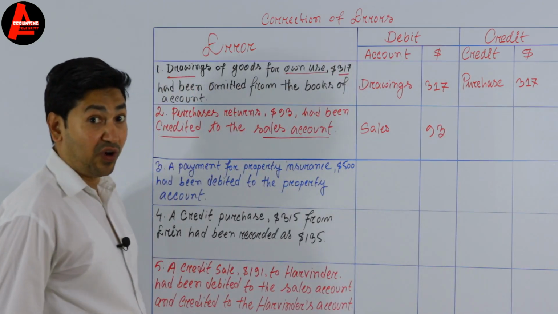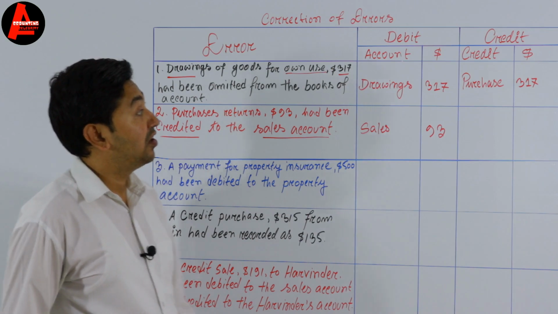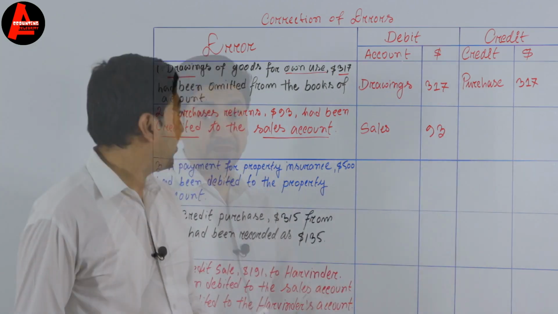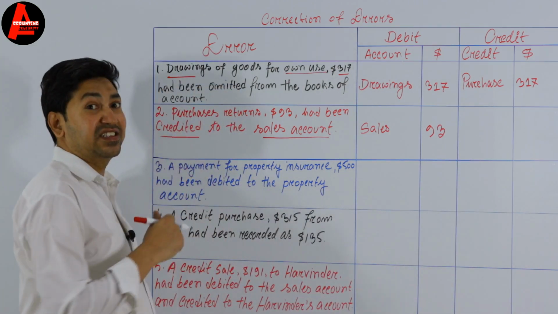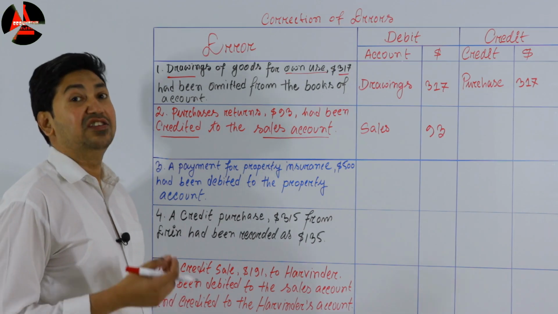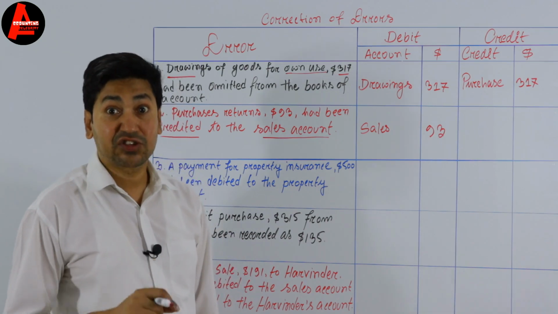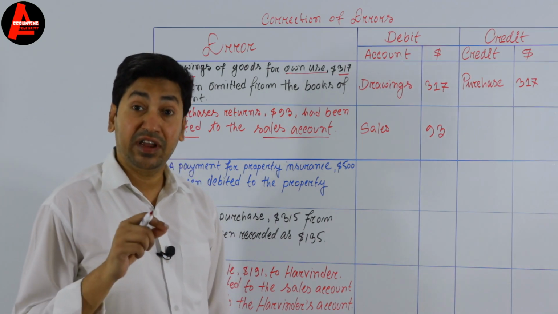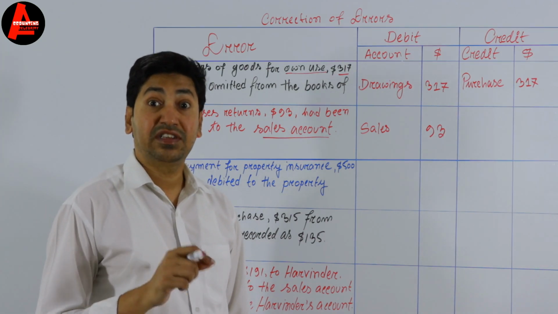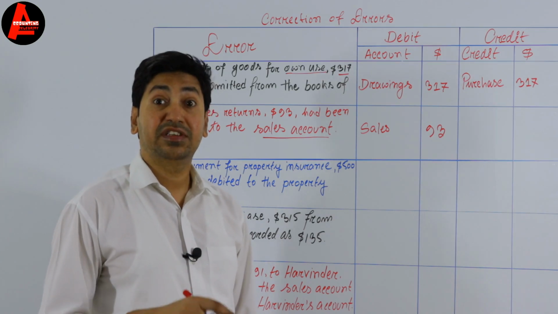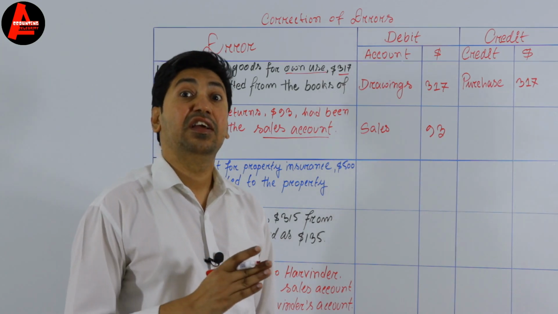Okay, now what entry should we write on the credit side? Well, it is purchases returns. So purchase returns here increased. It has a credit balance and it will now be increased. So when purchase return increases, purchase returns will be credited.